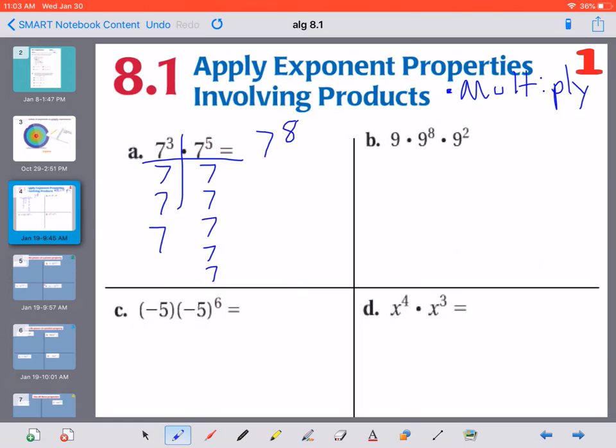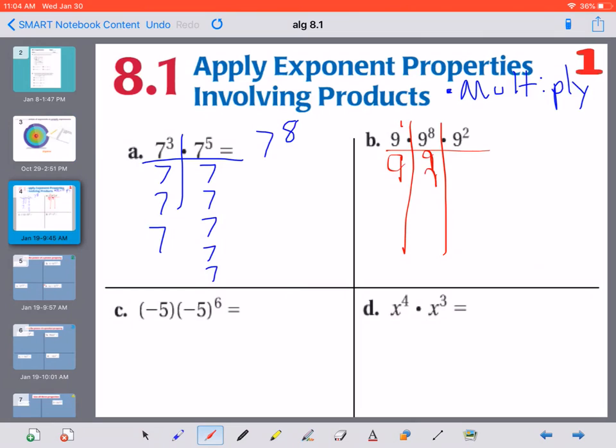I want you to simplify this. That's all we're doing is counting up how many numbers we have. Here we just have a 9, and if we just have a 9, that means we only have one of them. So for this one, we have 1 9.